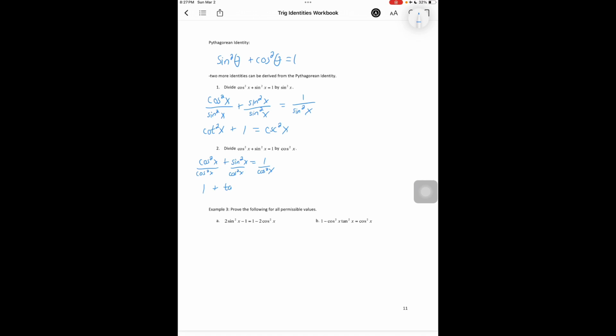Sine over cos, that's related to tan, so this is going to be tan squared x. The 1 over cos, the reciprocal of that is going to be secant. And then, if you wanted to, you could rearrange these formulas. For example, if you wanted to solve for cotangent squared x, you would just move the 1 over.